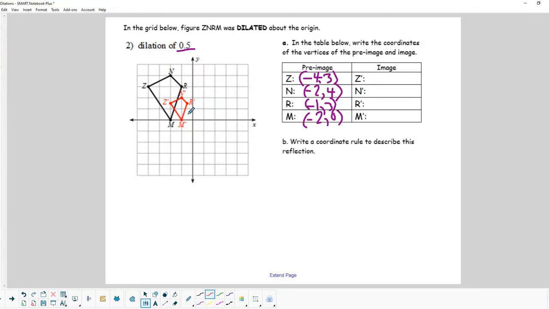All right, for our new shape, M prime is negative 1, comma 0. That's a 0, by the way. R prime right here is negative 1/2, comma 1 1/2.